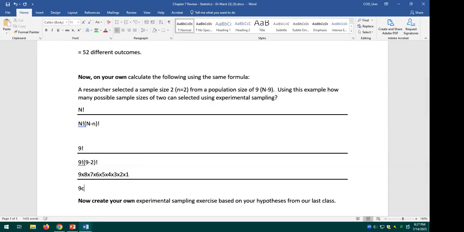So it'd be the same thing, 9 times 8 times 7 times 6 times 5 times 4 times 3 times 2 times 1 times 7 times 6 times 5 times 4 times 3 times 2 times 1. You see where the numbers came from?